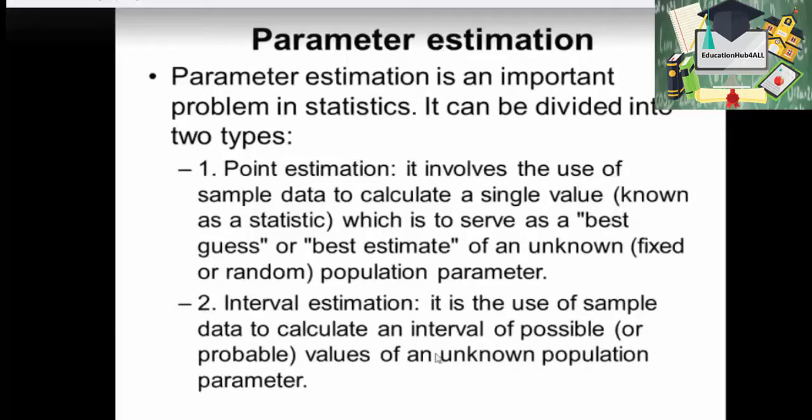We want the interval as small as possible, and only the population size can do that. But if we want an interval that we are 90% sure contains the true value, that's sometimes the question you want to ask.